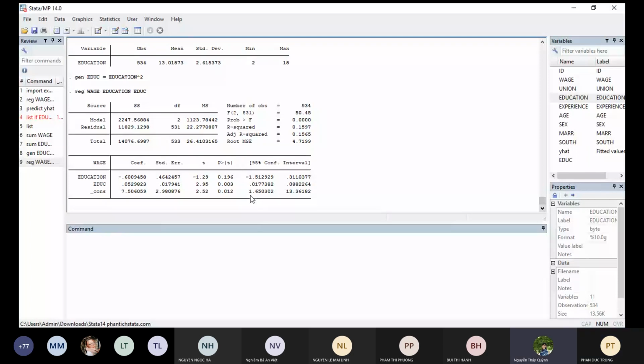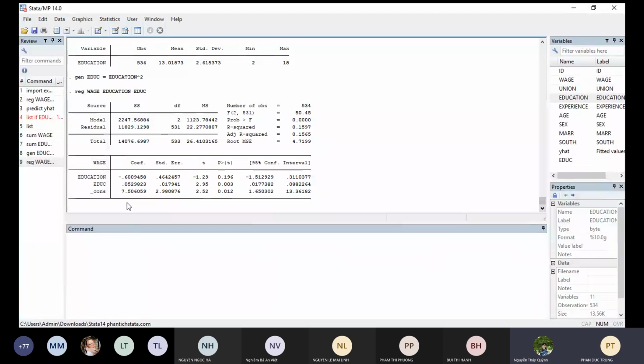And what will be your sample regression model or the estimated model? My sample regression model will be wage equals beta 1 hat education plus beta 2 hat edu plus u i hat. Okay, so just replace by the estimated numbers you get here.